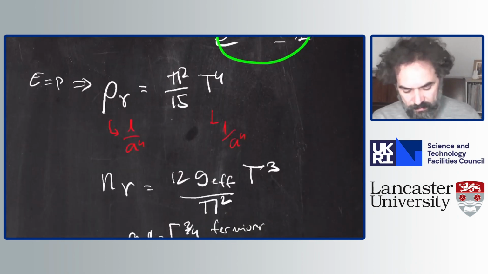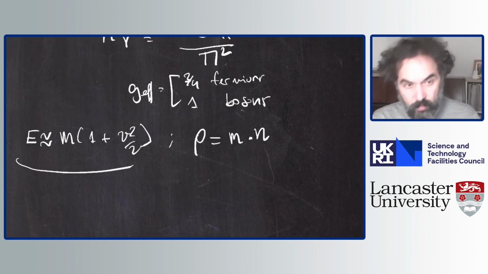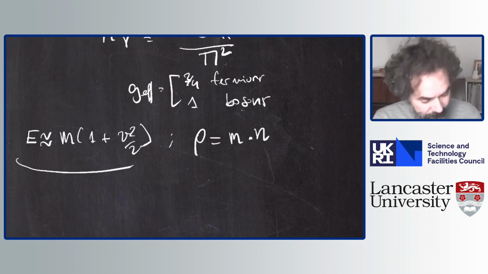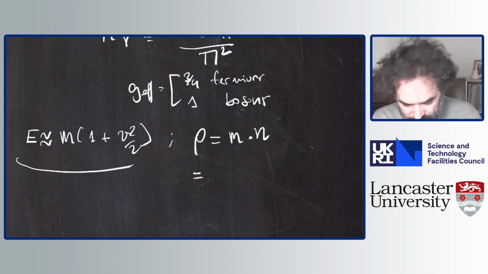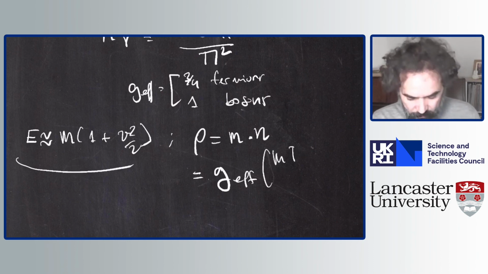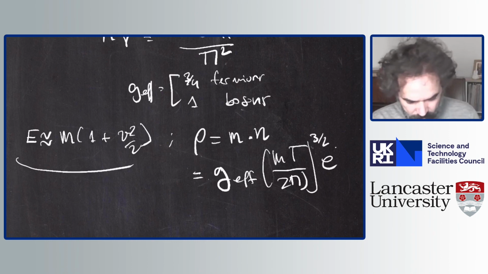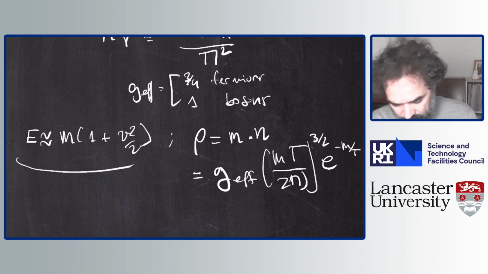All right, and what you find after some algebra that I invite you to do maybe with Mathematica or other software is that this is given by g effective times (mT) to the 3/2, so a kind of non-analytic structure, times e to the minus m over T, multiplying the mass. Okay, this is the energy density.